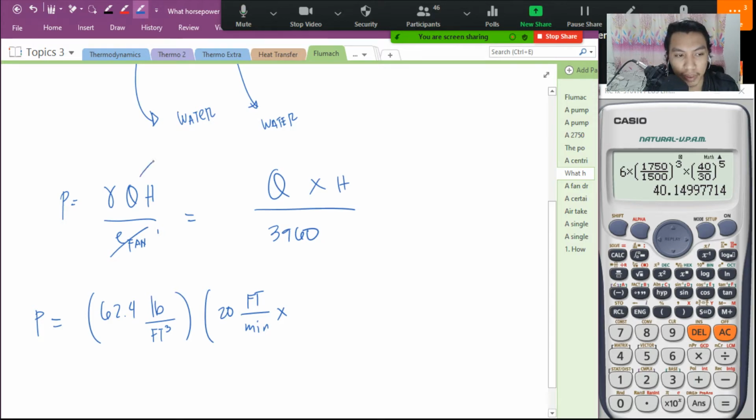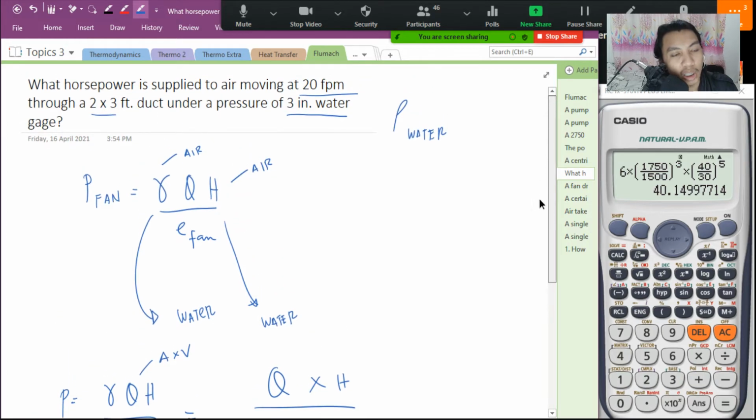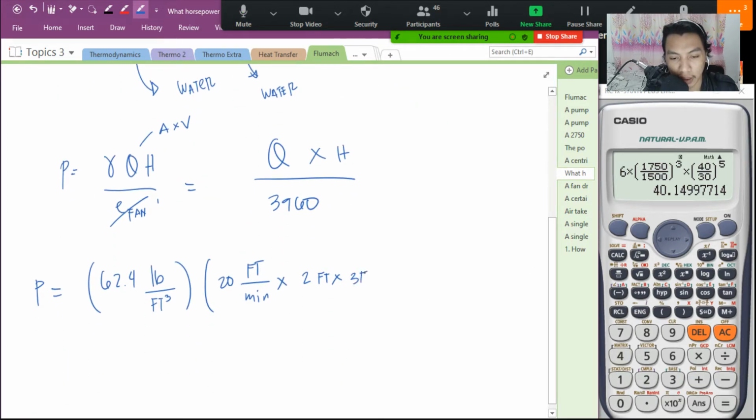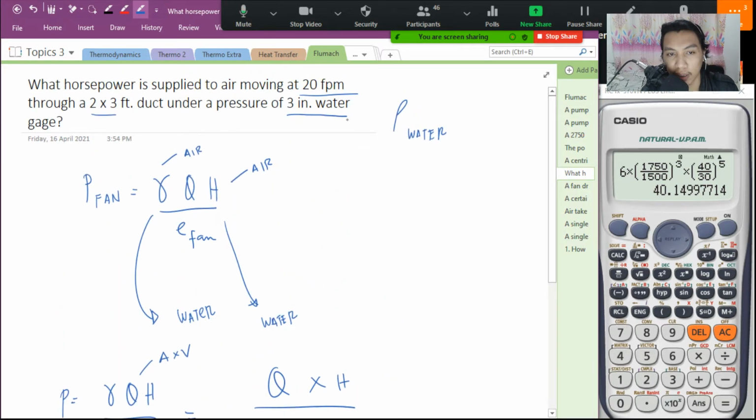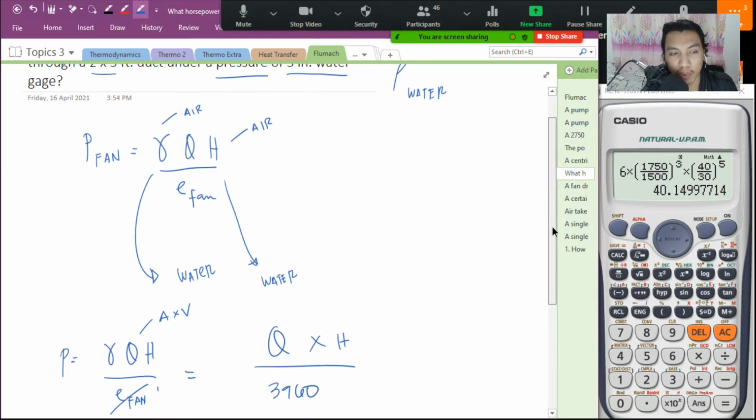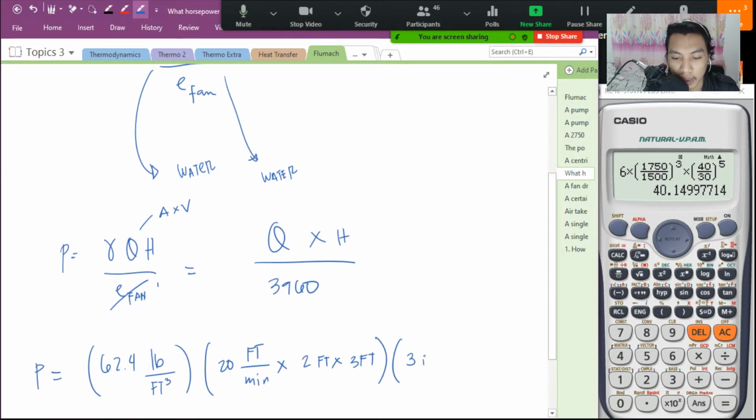Q is equal to A times velocity. The area ng duct, so 2 feet by 3 feet. I-multiply natin yung total head. Ito lang naman binigay, under pressure lang, so 3 inches of water gauge. O, 3 inches. Kailangan 'to naging feet din.